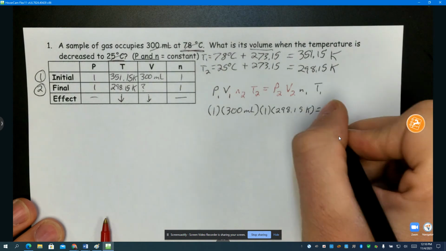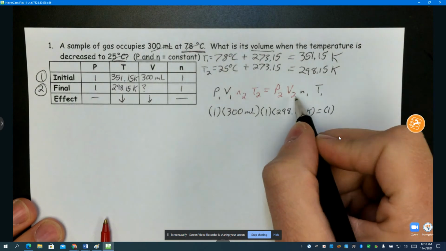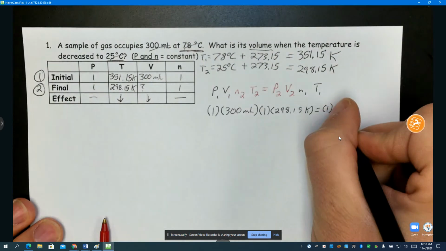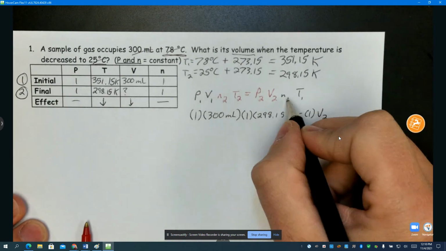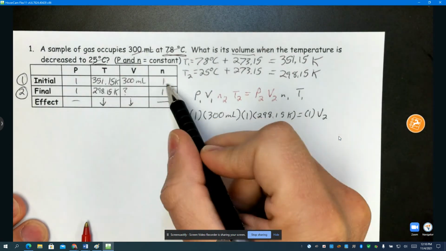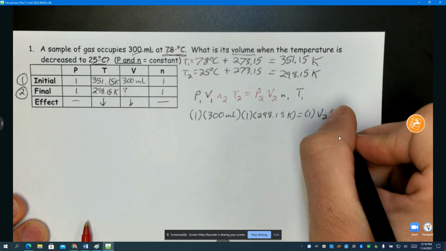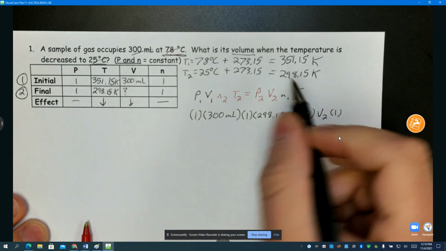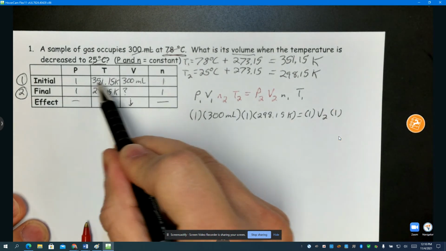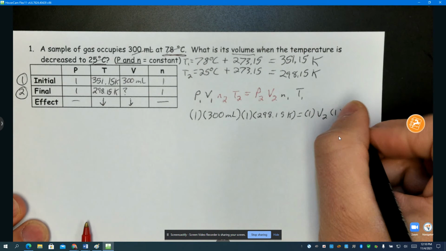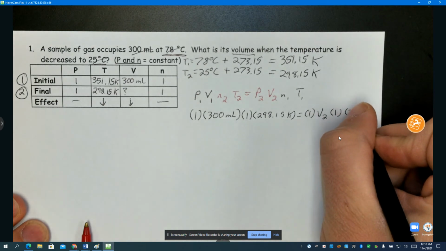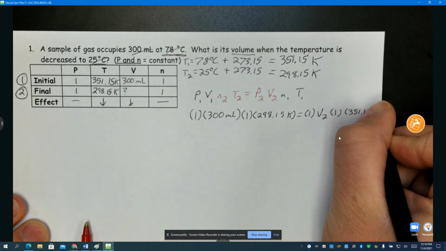Pressure 2, we're just going to call 1. Volume 2, we don't know, so we're going to solve for it. Number of particles 1, the starting number of particles, is just going to be 1. And the temperature at the beginning, the starting temperature, or T1, is going to be 351.15 Kelvin.